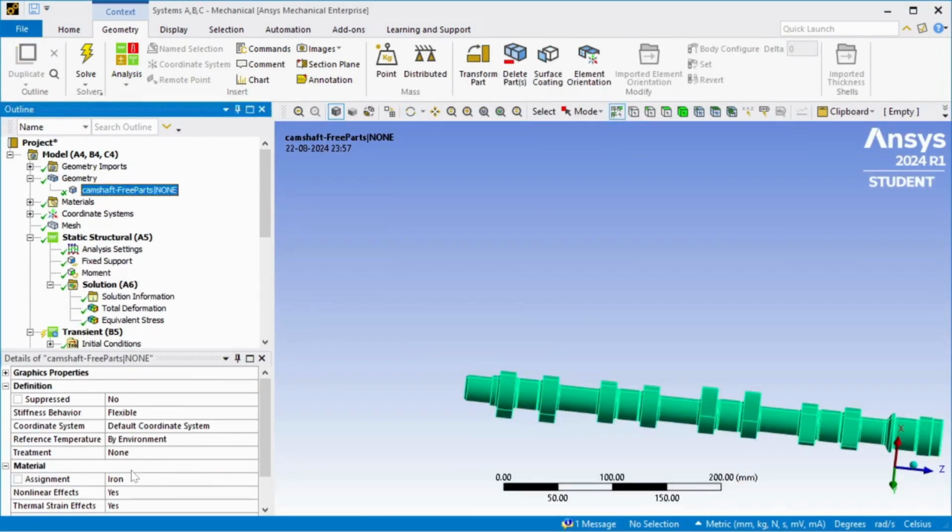So in our first analysis, we have chosen cast iron. The reason cast iron is chosen as material for the camshaft is that it has high wear resistance, ease of machining, it is durable, and it is also cost effective. The wear resistance is due to its hardened surface.